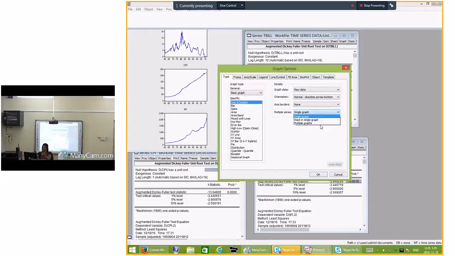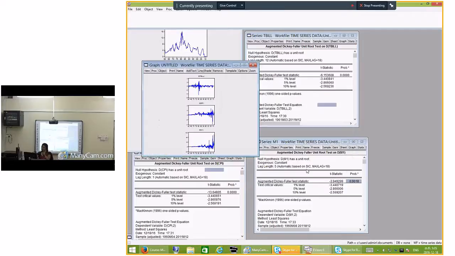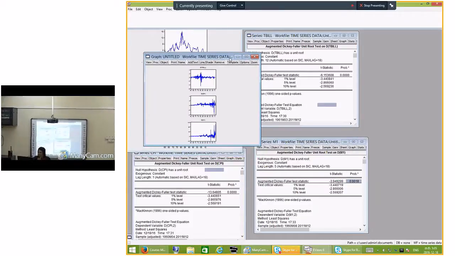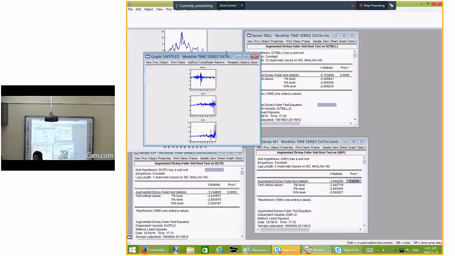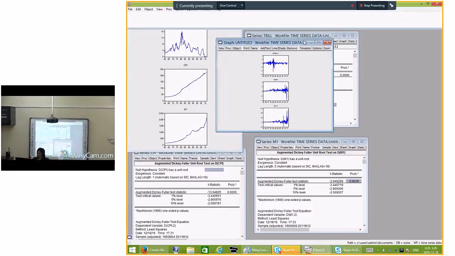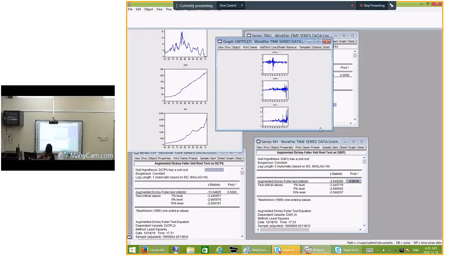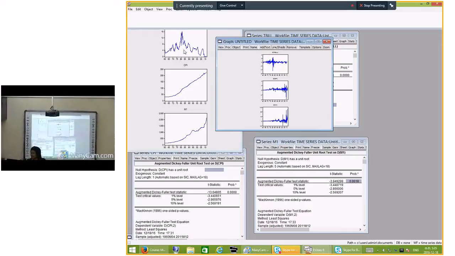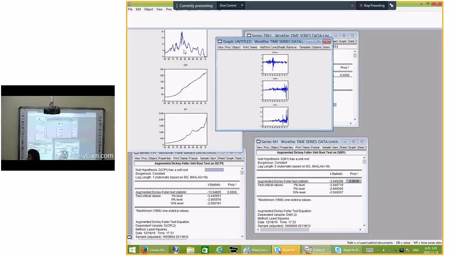Multiple graph. Now you can compare these two graphs. The first graph is the data as it is. When we remove the innovation shocks, this is the graph.